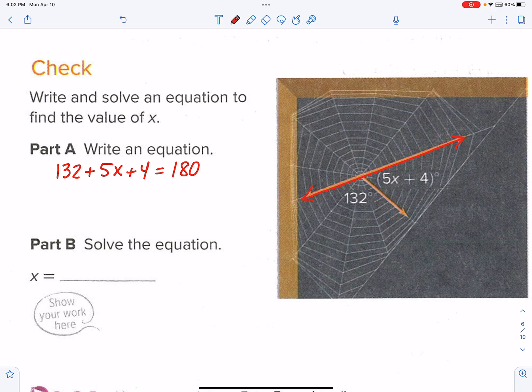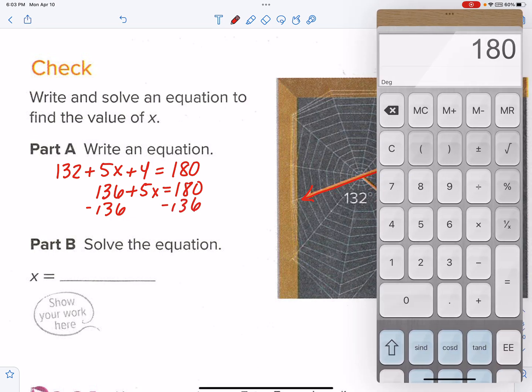Okay, you can see we need to do some combining of like terms. And so we have our 132 and our 4 there. So equals 136 plus 5x equals 180. Then we can subtract 136 from both sides. And so 180 minus 136 equals 44.